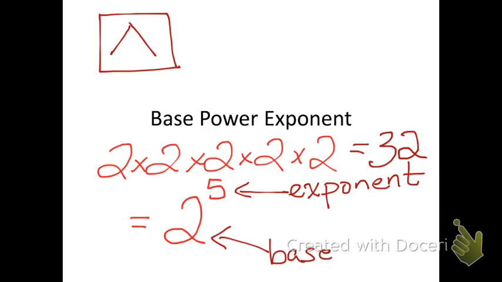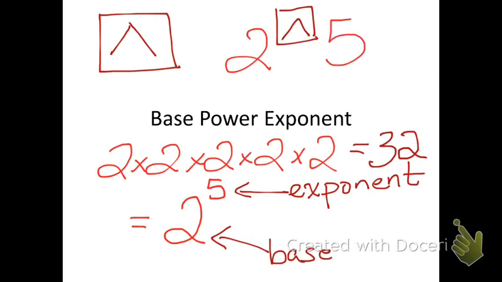All right, so this is 2 times 2 times 2 times 2 times 2. So you are going to put your base number of 2, because that's what we're multiplying. Then you're going to press your caret key. And then you're going to go back and put the number 5.